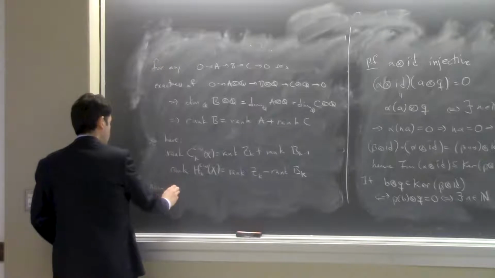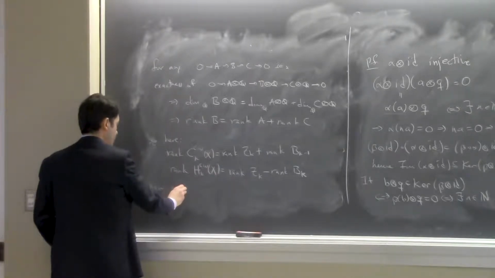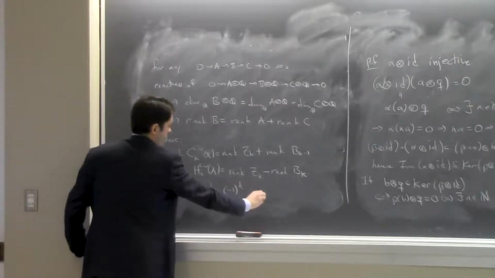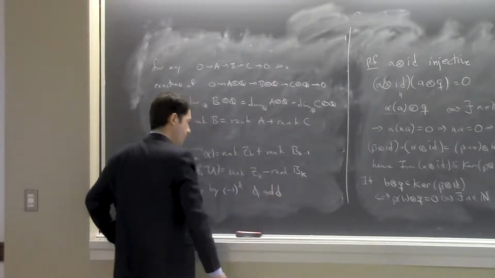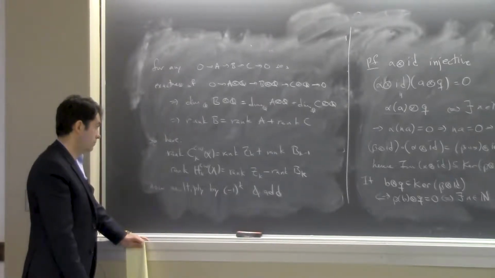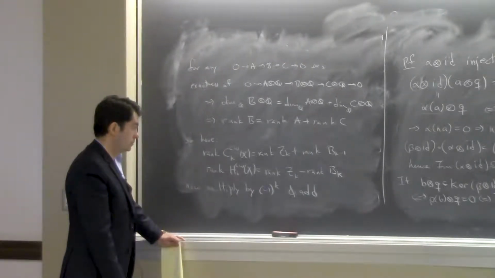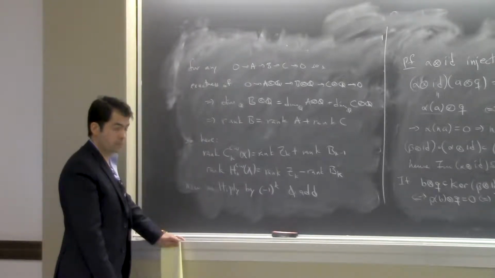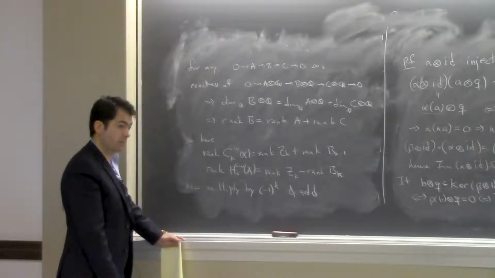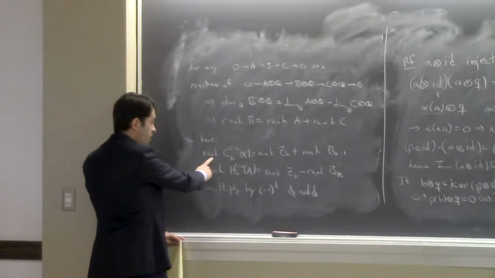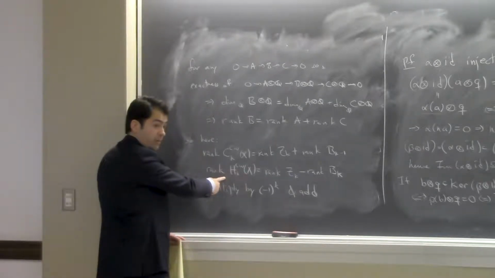So now multiply by (-1)^k and add, to get the Euler characteristic of this complex and the Euler characteristic of this complex.